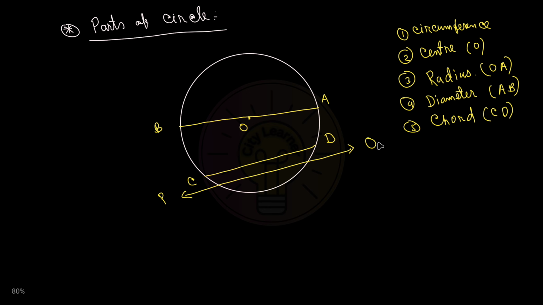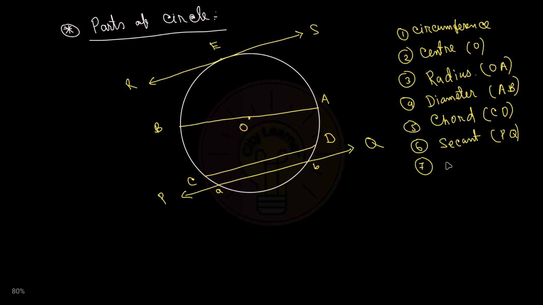If any line passes through a circle, that line is called a secant, and this secant cuts the circle at points A and B. Any line that passes by just touching one point of the circle is called a tangent.